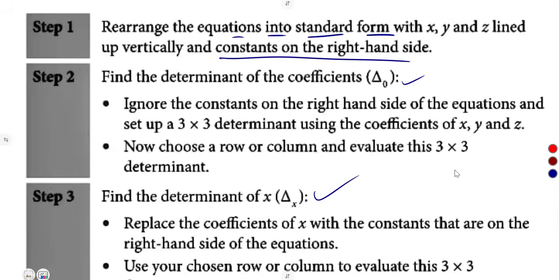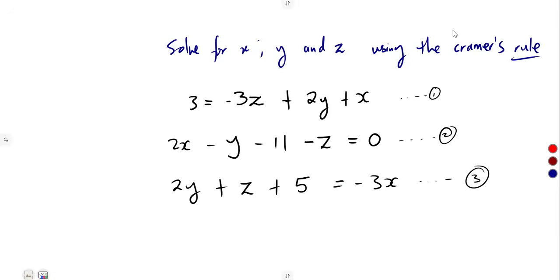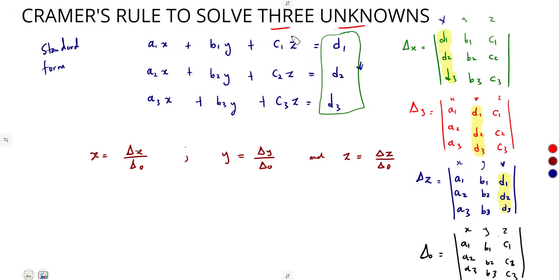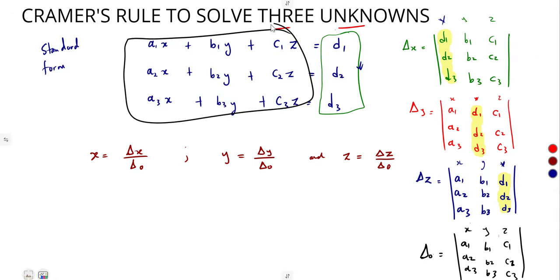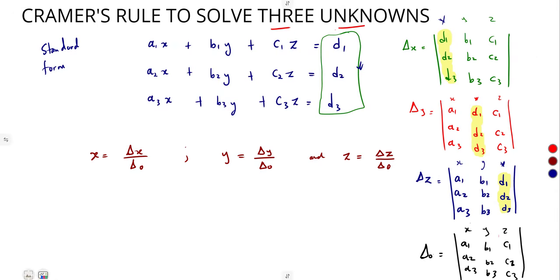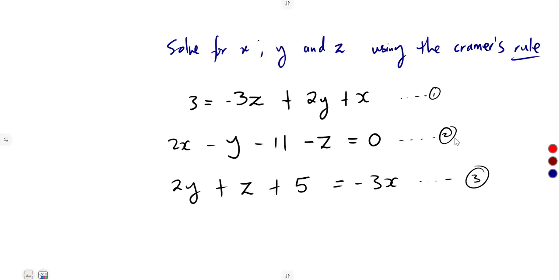But remember what we said, we must rearrange the equations into the standard form, and we do understand that the standard form is x, y, and z on the left-hand side, the constants on the right-hand side. So let's check our first equation.